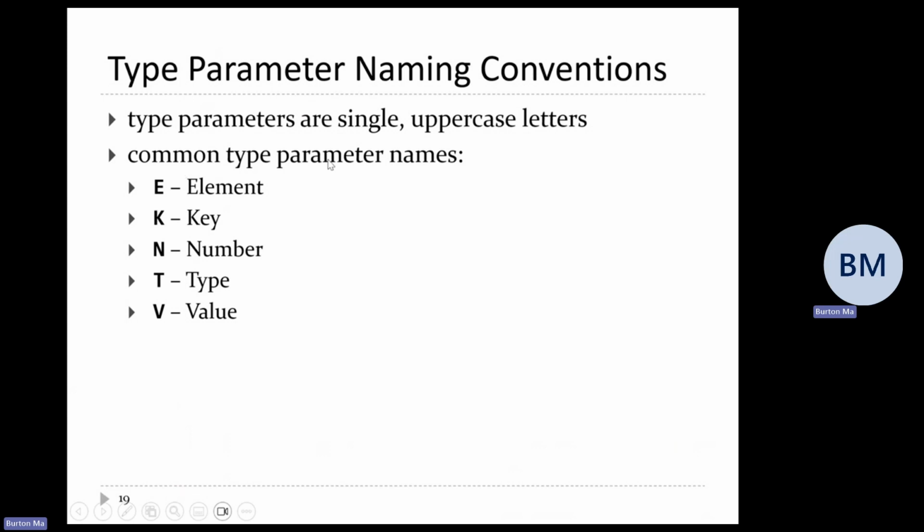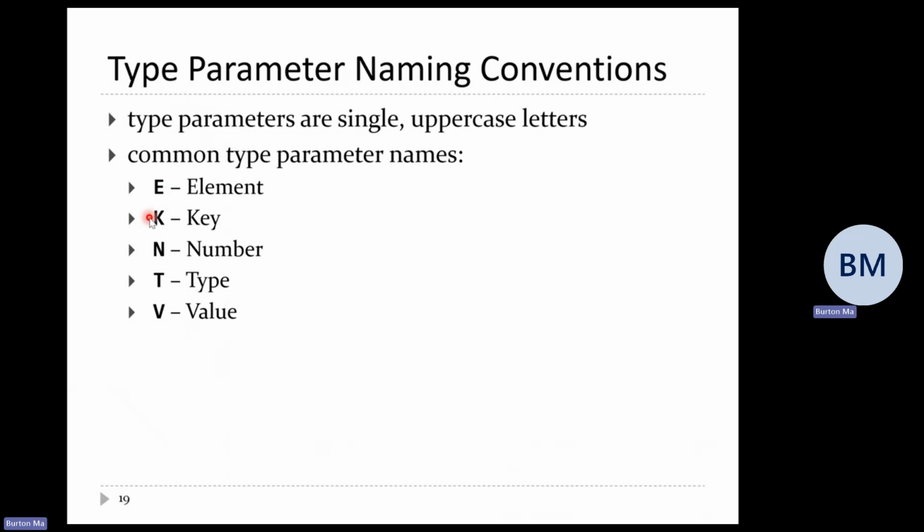Typically, when you create these classes, your type name is just a single letter, or two at most. Common letters that are used for the types are always capital, to indicate that it's a reference type. It would be E for element if you're making a collection of something.